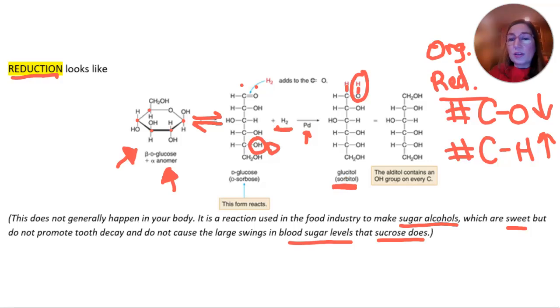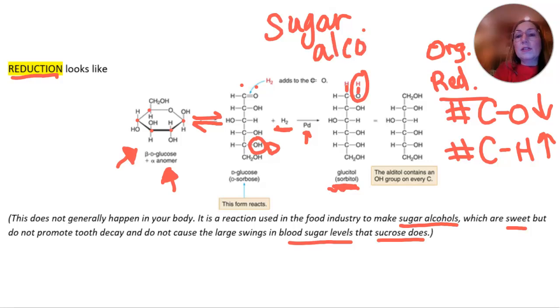So this produces what's called glucitol, or sorbitol as it's known. And so this is how we industrially make sugar alcohols. It's not really a biochemical pathway, it's an industrial chemical reaction.